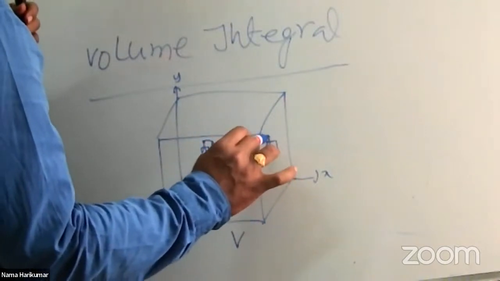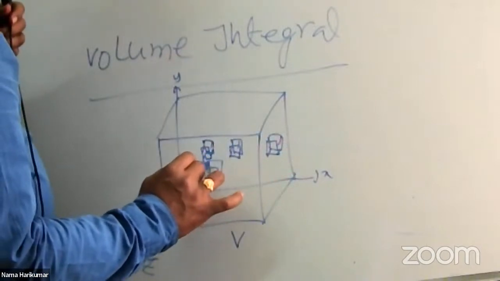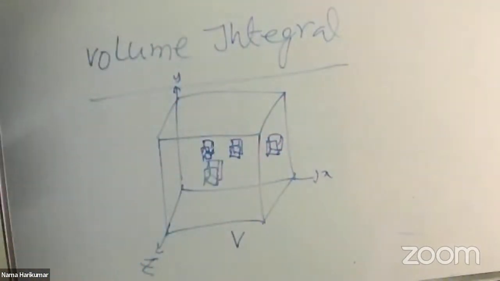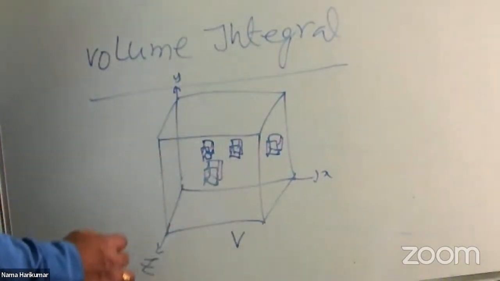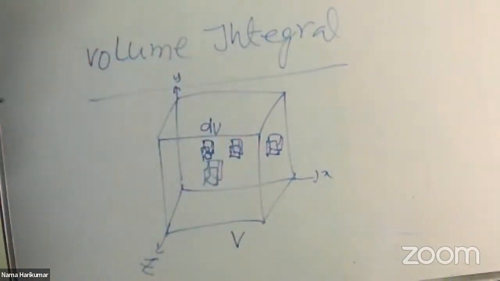The formation of a number of small values makes up the total value. The small value is dv. V is a vector, meaning it has magnitude and direction.